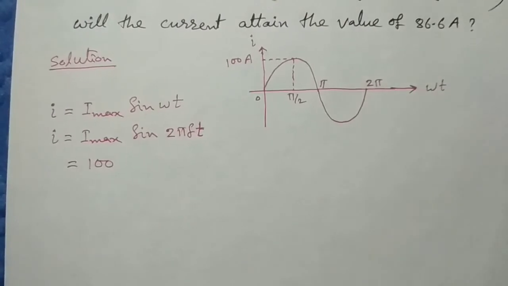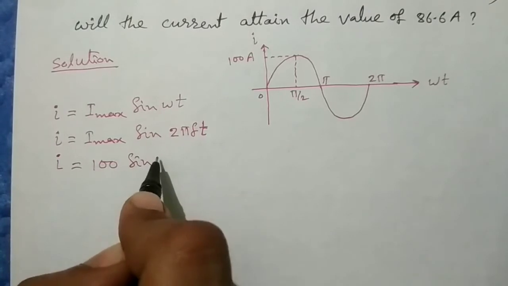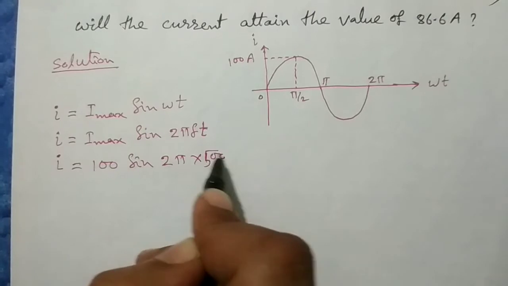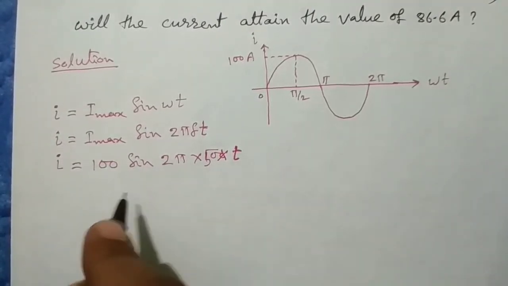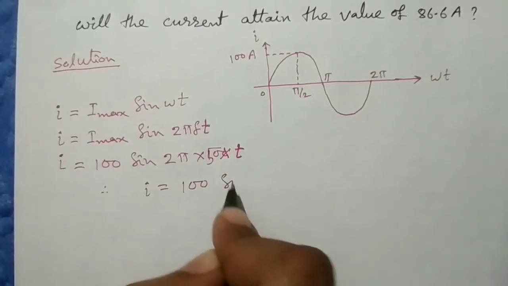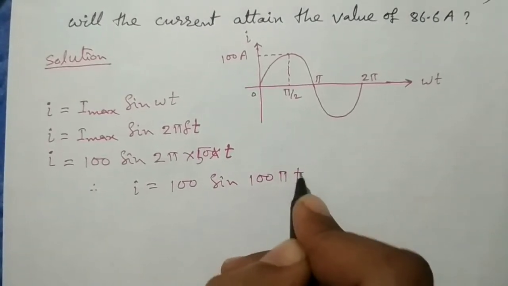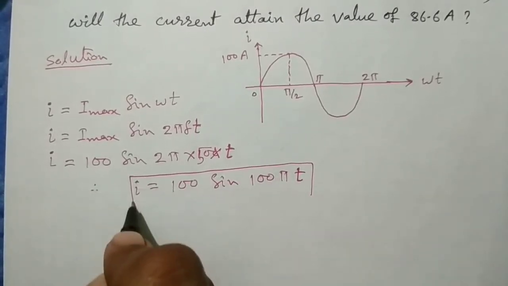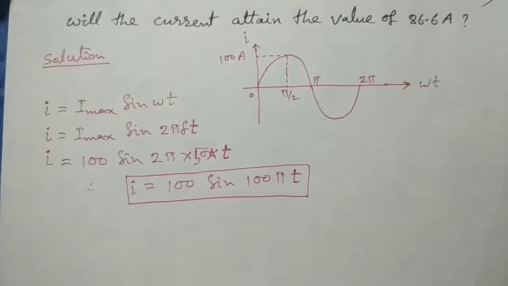So the expression of the instantaneous current will be 100 sine 2 pi into 50 into t. So finally I will be 100 sine 100 pi t. This is the instantaneous value of the current for the given question.